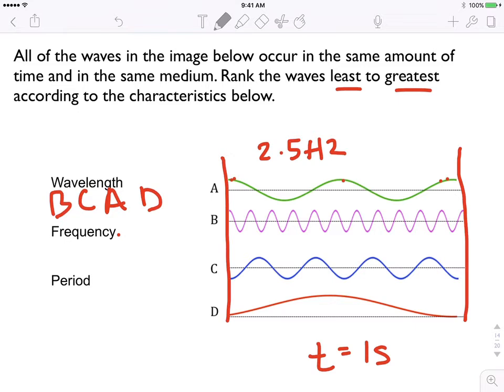And let's do this again. We have 1, 2, 3, 4, 5, 6, 7, 8, 9, 10, 11, 12. And since we start and end with a crest, we have 12, but it's 1/2 less. So the frequency for wave B is 11.5 hertz.